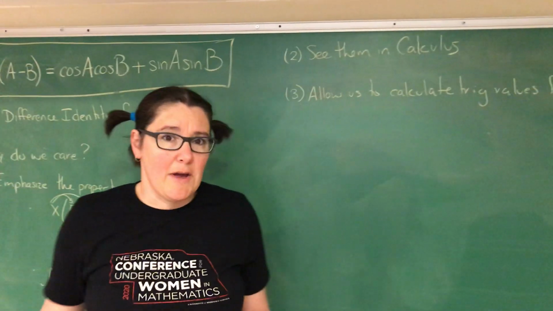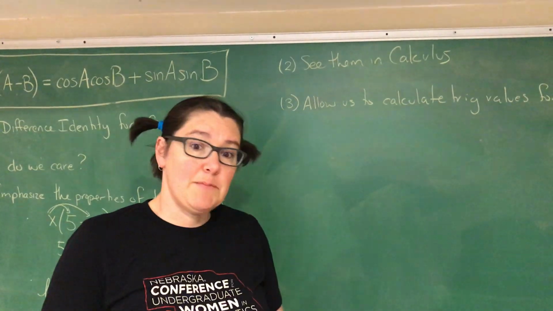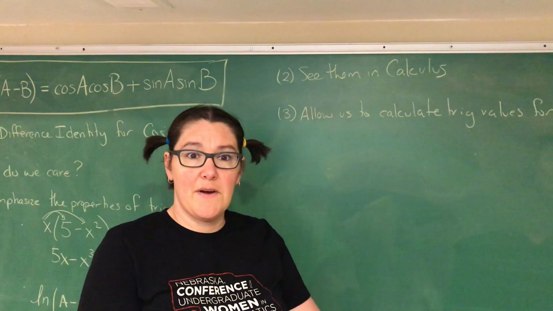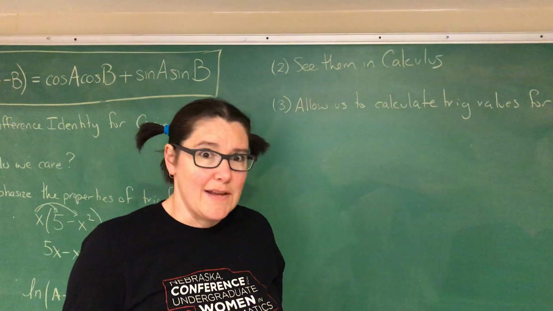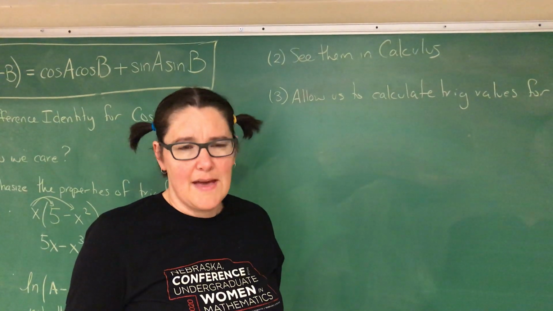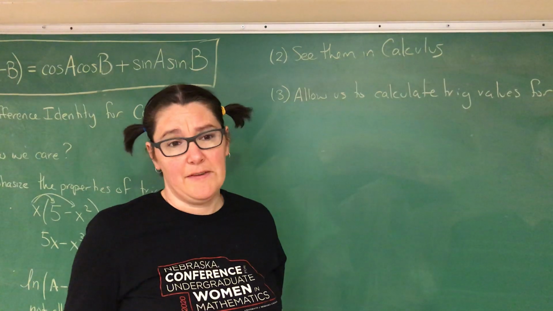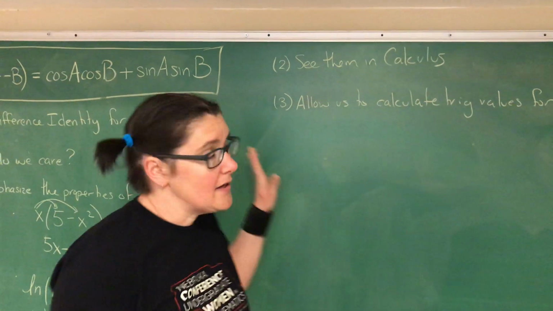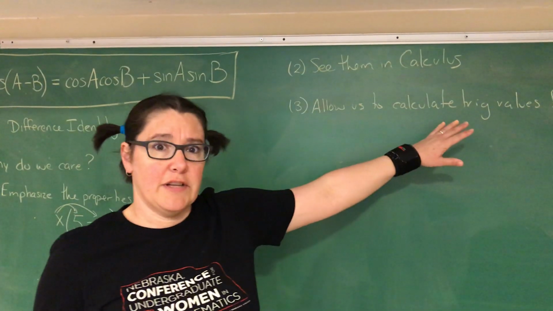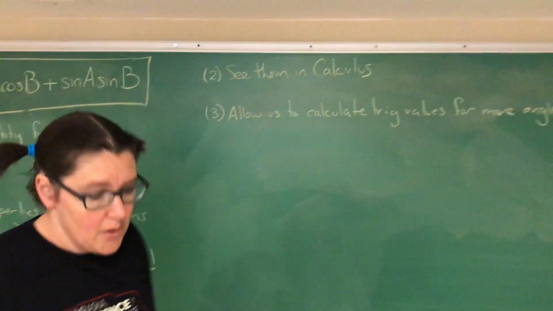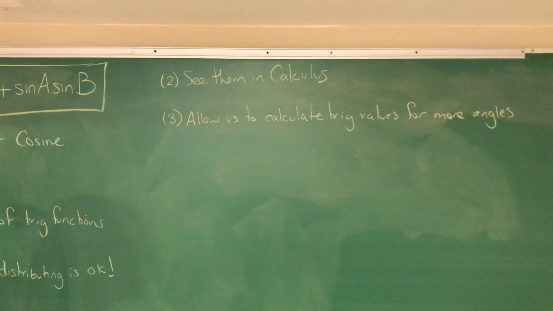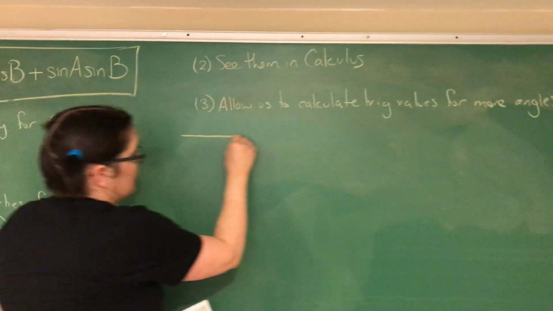So far, we've calculated trig values for special angles like 30, 45, and 60, which is great, but that's really not that many angles we can calculate by hand. These sum and difference identities are going to give us another collection of angles that we can work with. Okay, so let's talk about an example of using this formula.